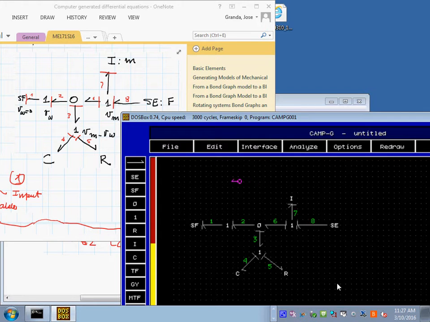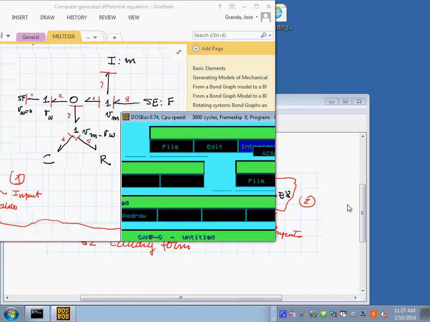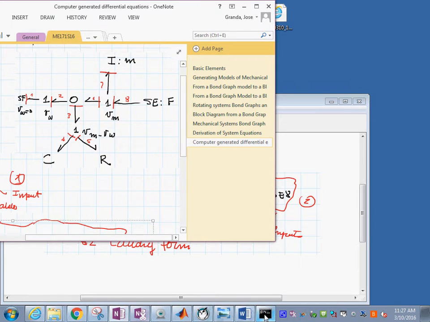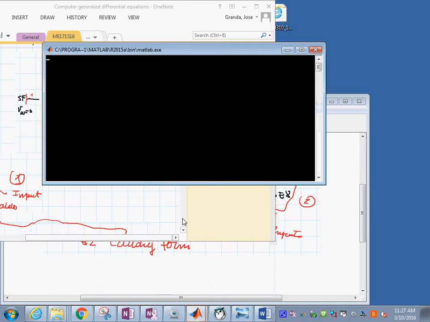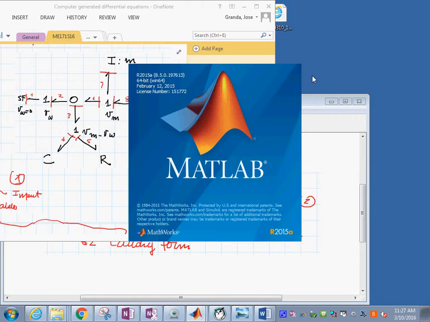And what is happening as we are doing this is that CAMG produces the MATLAB input files, already an M file. In other words, we do not have to program MATLAB.